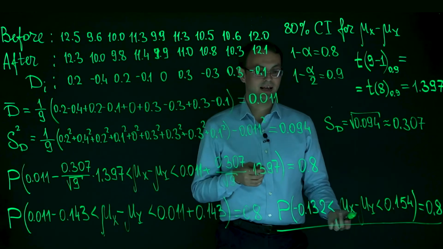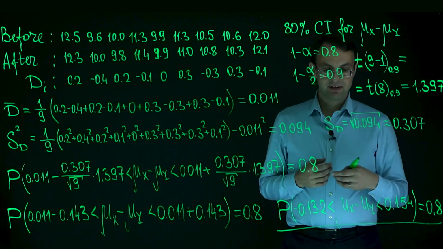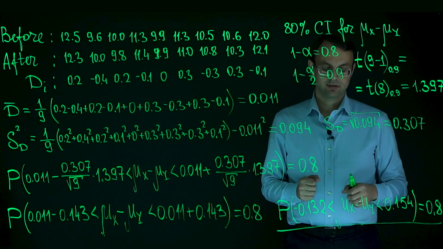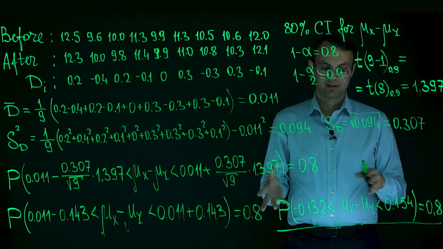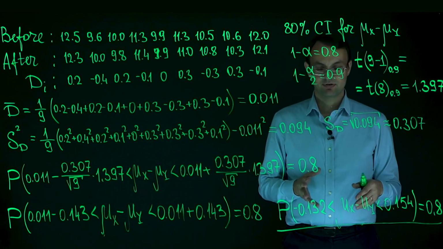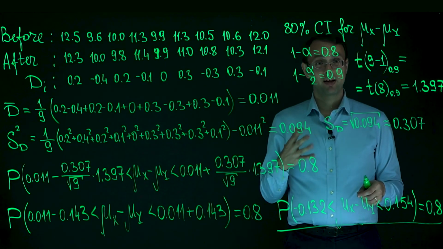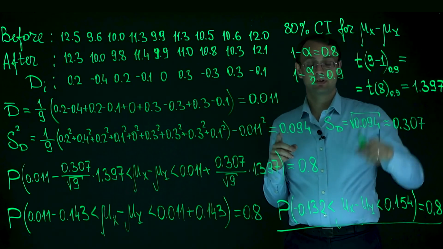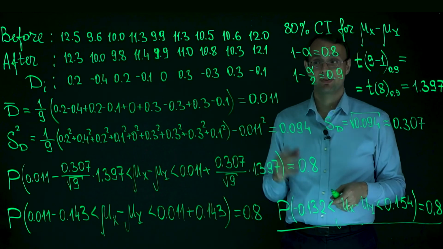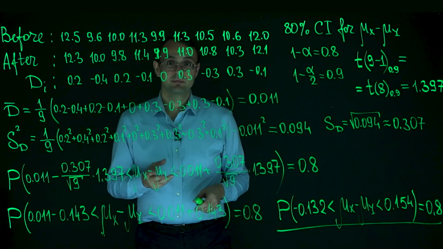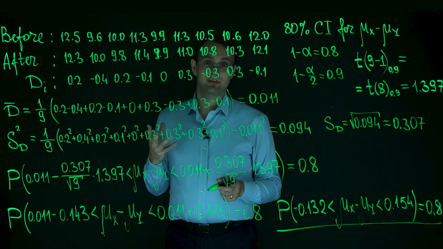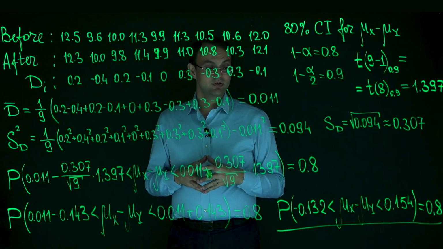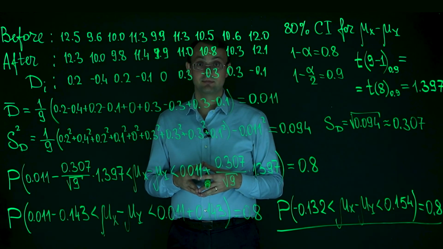And here we see that, with high probability, the real difference before and after is in this interval, and the interval is almost symmetrical with respect to zero. So maybe with high probability, the real value of this difference can be even negative. That means that the program even makes the situation worse, not better. So this is the example.